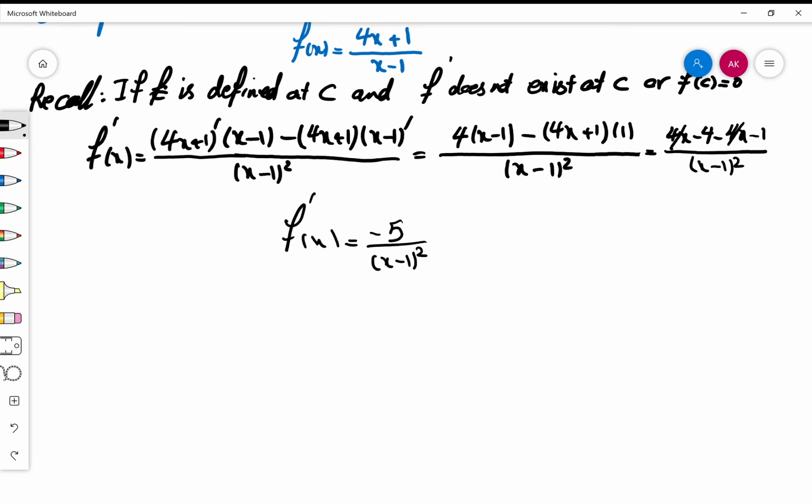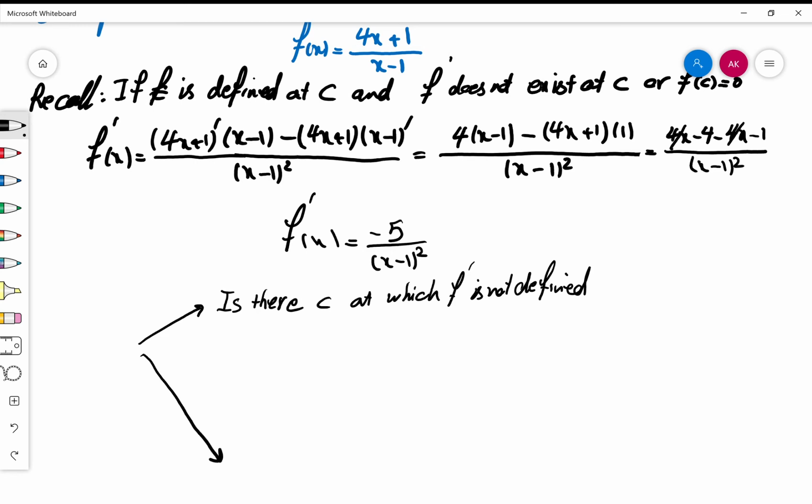We have to check first, is there any c at which f prime is not defined? That's the first type, and then we will check if there is a c at which f prime vanishes, or f prime of that point is 0.